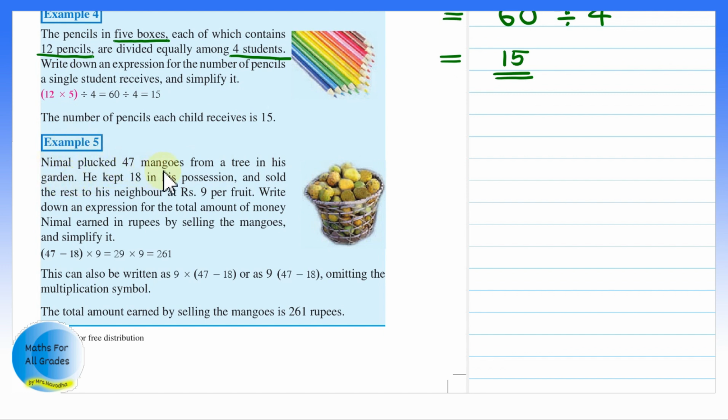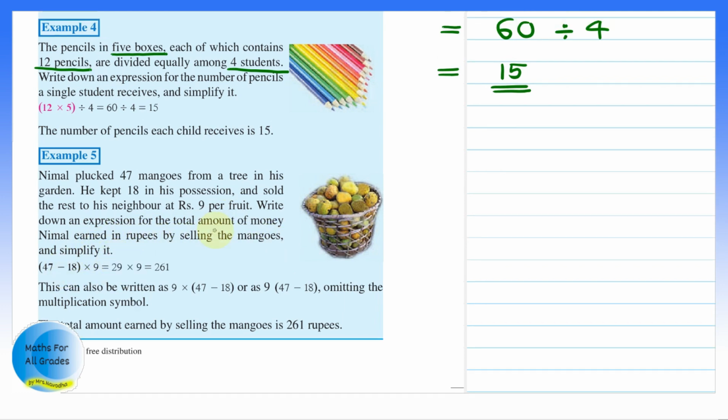Nimal plucked 47 mangoes from a tree in his garden. He kept 18 in his possession and sold the rest to his neighbor at 9 rupees per fruit. Write down an expression for the total amount of money Nimal earned in rupees by selling the mangoes and simplify it. So you have to write down an expression for the total amount of money that he earned by selling mangoes.